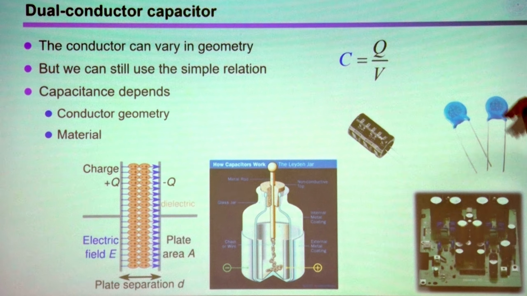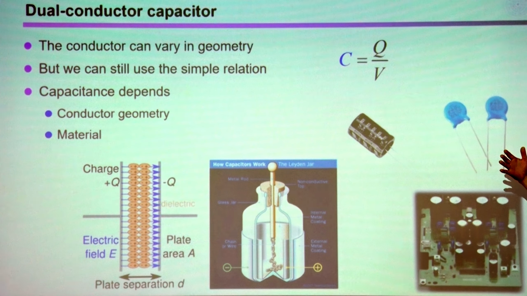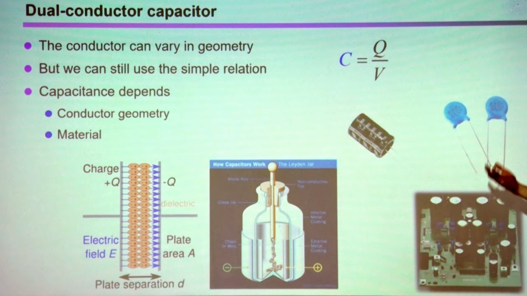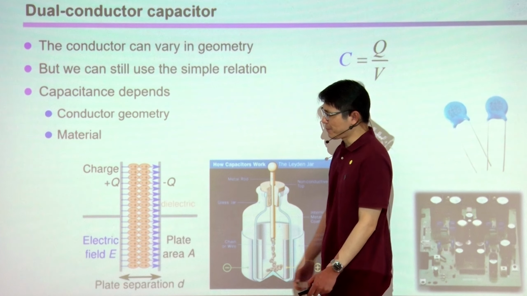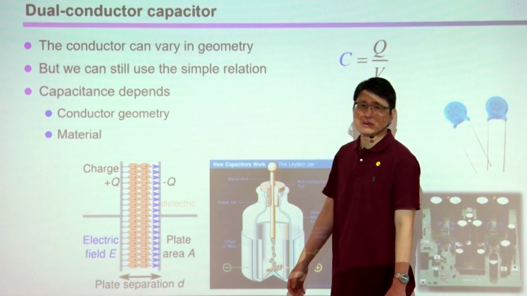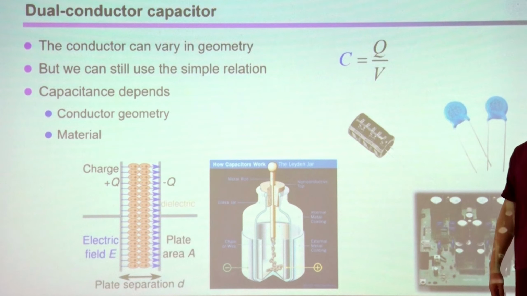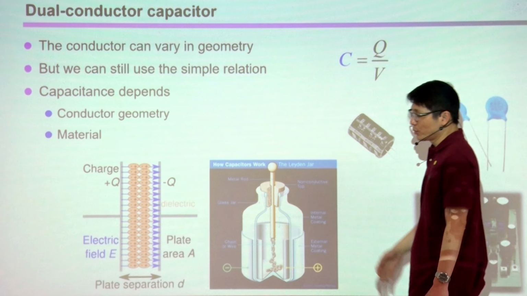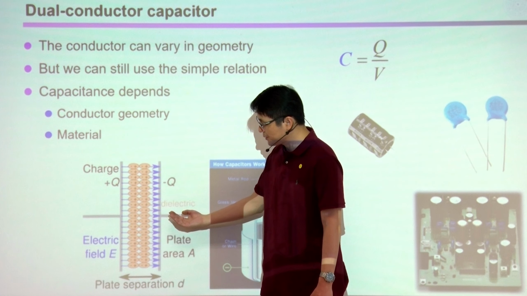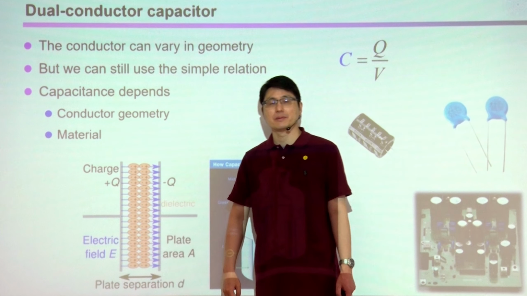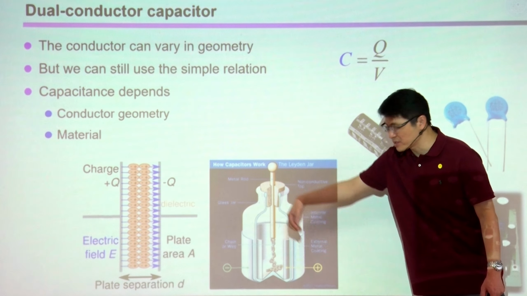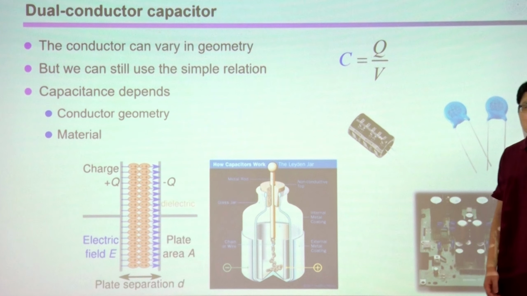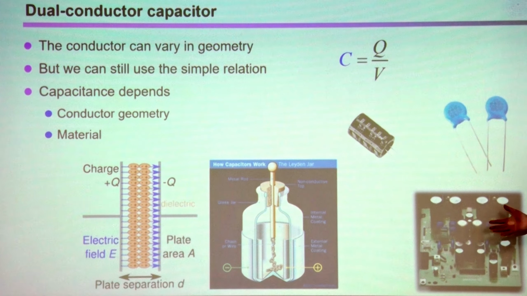All right, so we've taken care of the single-conductor capacitor. In our daily lives, usually capacitors are made with multiple or dual conductors. The easiest one, which we will analyze later, has two parallel plates of conductors, but there are capacitors molded in different geometries. If you open up the motherboard of your PC, you can see a lot of these guys.